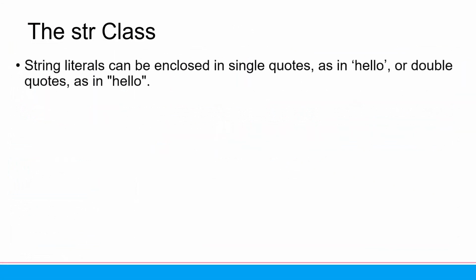String, str. The string literals can be enclosed in single quotes. Like this example, we have single or double quotes. You can see this is double quotes. And those are similar.